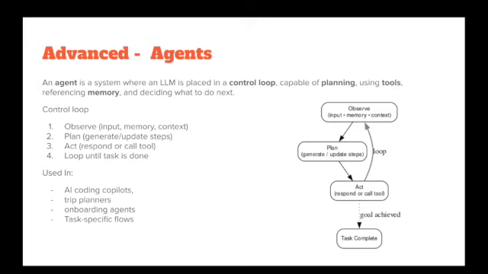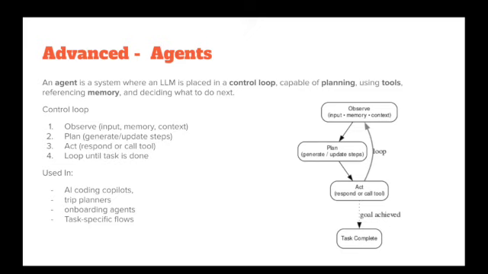So you ask it to do something, then you observe the environment, and then you act. For example, let's take a look at how Cursor works. You tell it, hey, update this file. It will observe, it will look at all your files, figure out which ones are relevant. Then it's going to set up a plan. So, okay, I need to change this file, this file, this file. Then it acts on the plan.